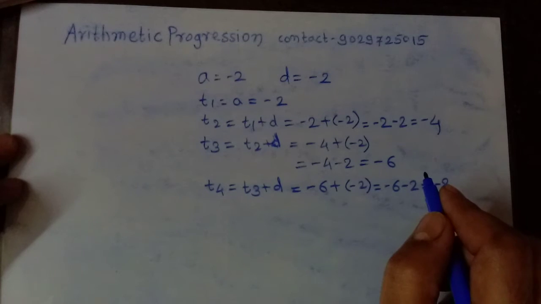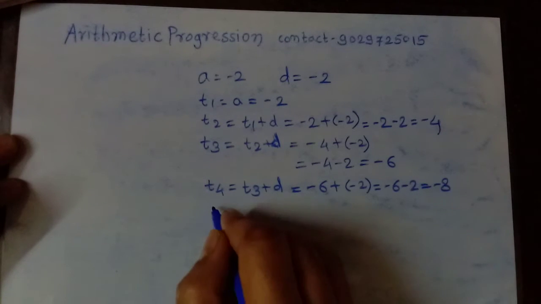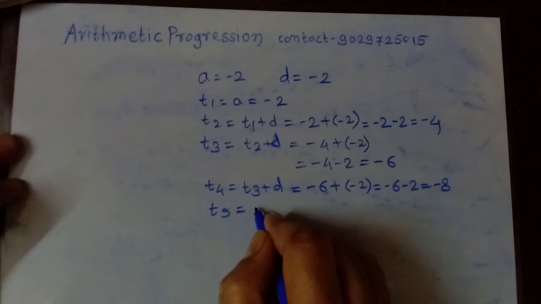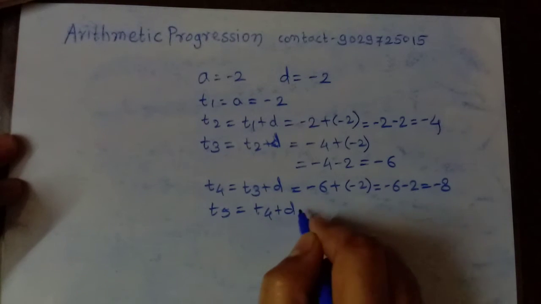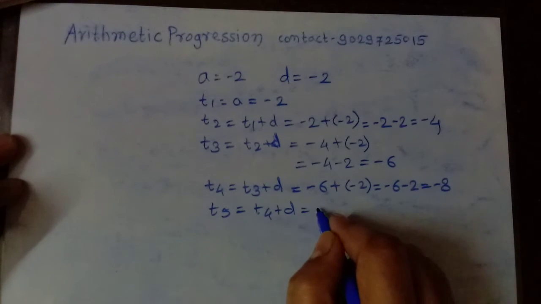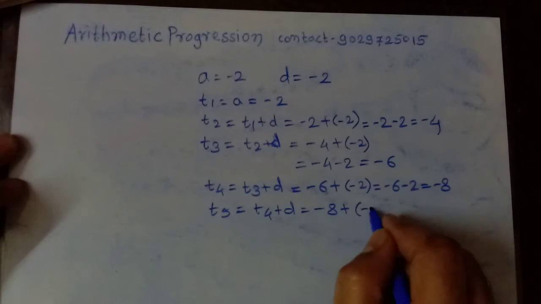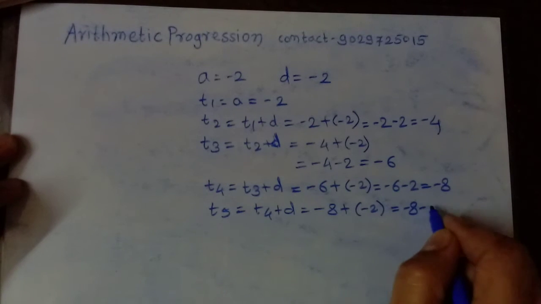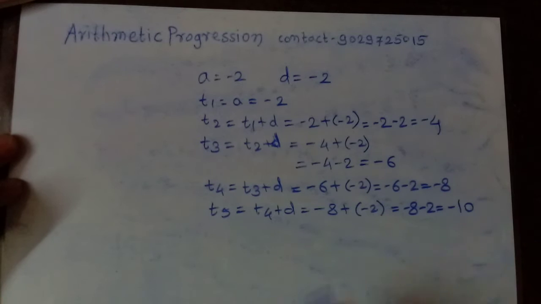T5 = T4 plus d. T4 is -8 plus d is -2, that is -8 -2, -10.